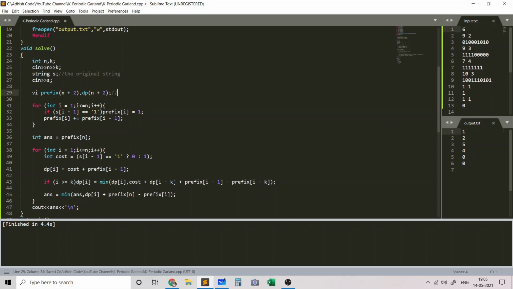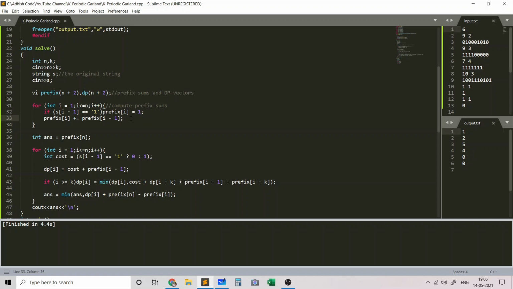Then we have our prefix sums and the DP vectors, and we compute prefix sums. So prefix sum of i would be prefix sum of i minus 1 plus the value of s of i. If s of i is 1, then we would add 1 to prefix of i.